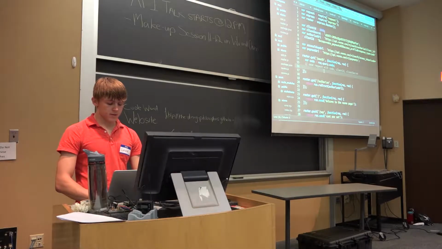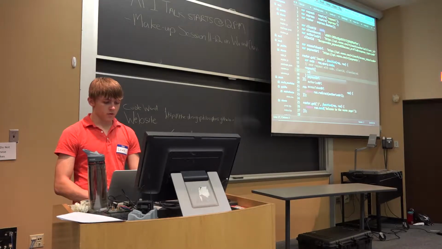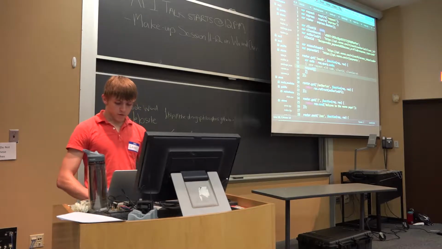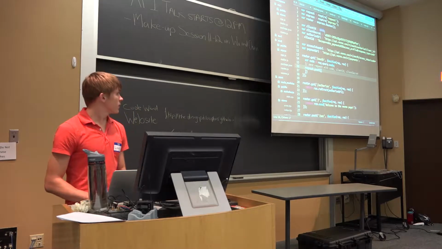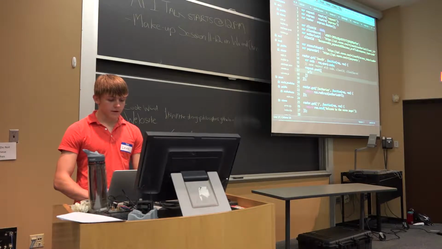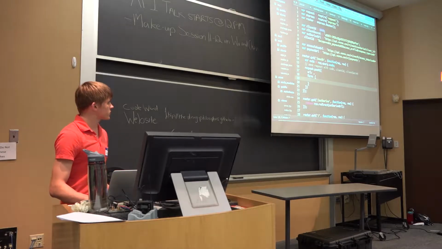So we can make a request. The way the request module works, you can just do request.post, and then we give it an object which has a couple of fields. It's going to have a URL, and it's going to have a form, which is going to have all those fields that we want.